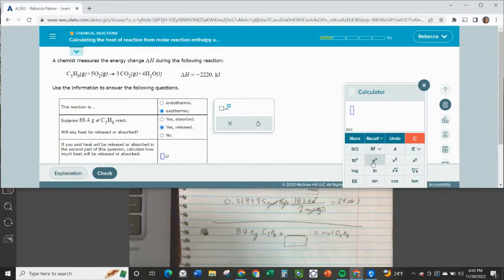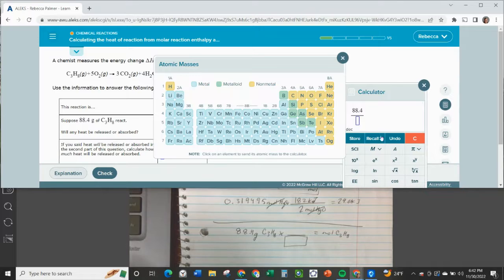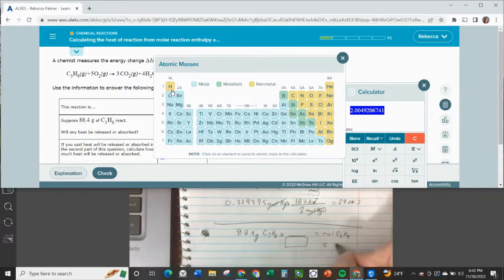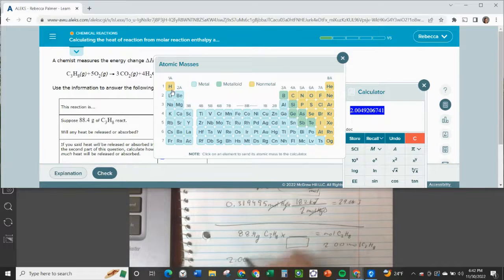I'm just going to type it in like this: 88.4, and then divide by my molar mass, which is 3 times carbon plus 8 times hydrogen, and that gives me how many moles? I have about 2 moles of C3H8, and then I'm going to use this as my starting point.